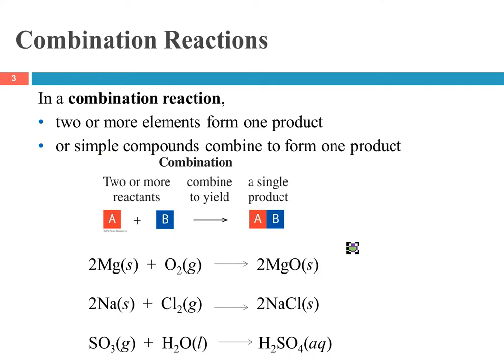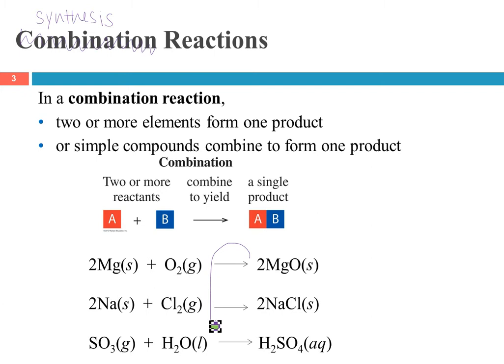So again, the very first one that we're going to talk about is the combination reaction, and for me, this is going to be called a synthesis reaction. And synthesis is basically the act of making something. So when determining whether a chemical equation is a synthesis reaction, you need to locate your yield sign.